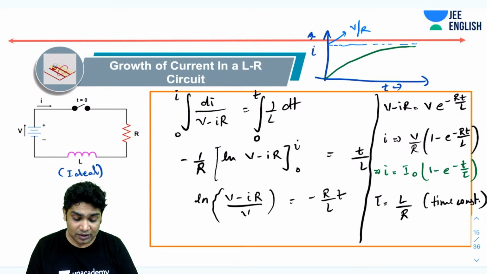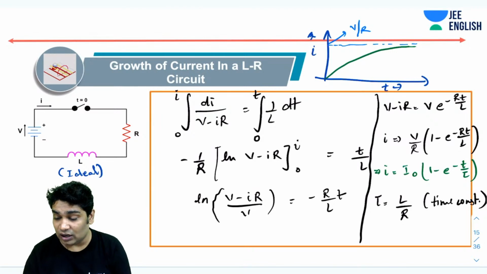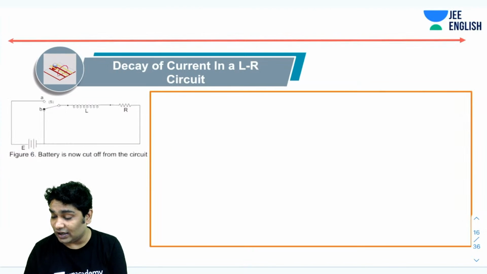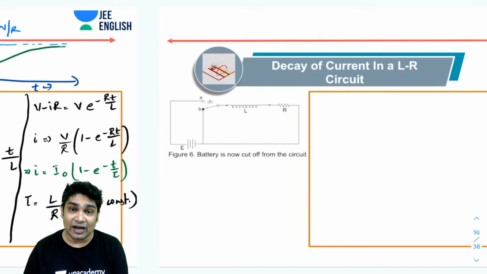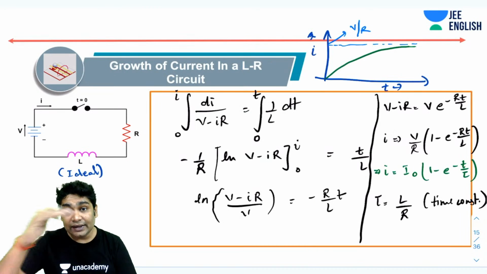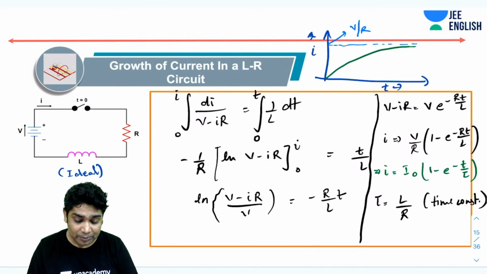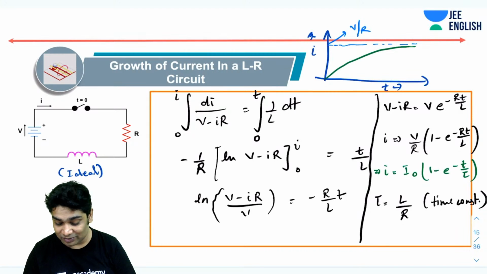So you can verify that. That is not an issue. Sorry, yes, it is 1 minus 1 over e. 1 over e would have been 36.8%.